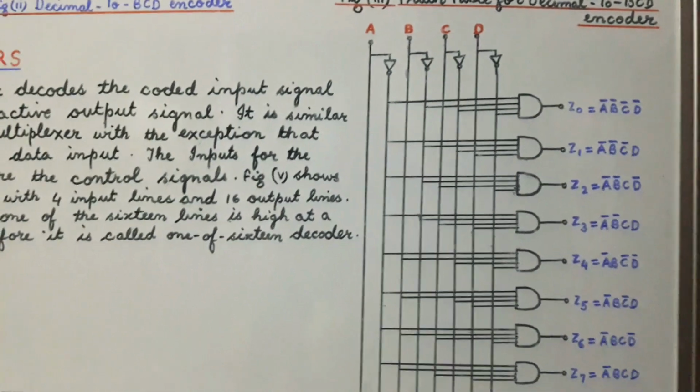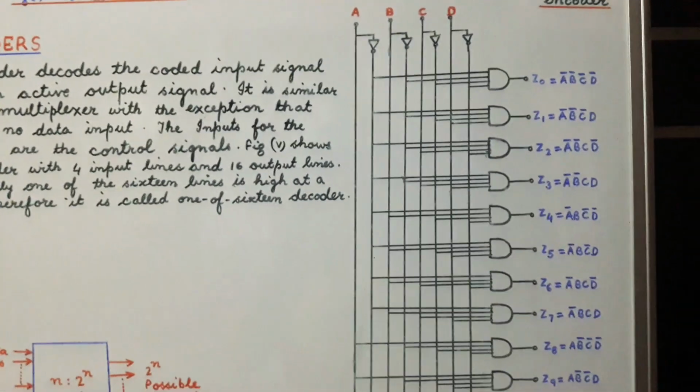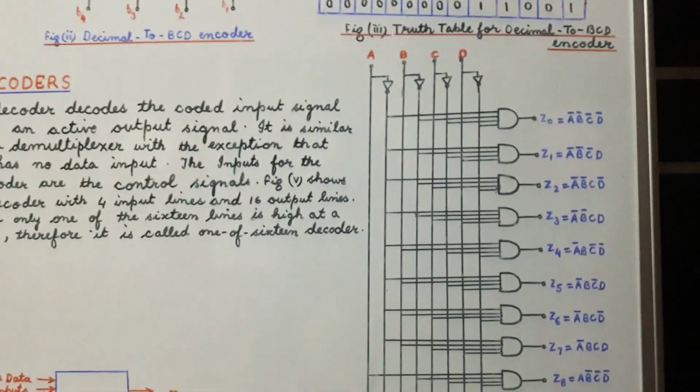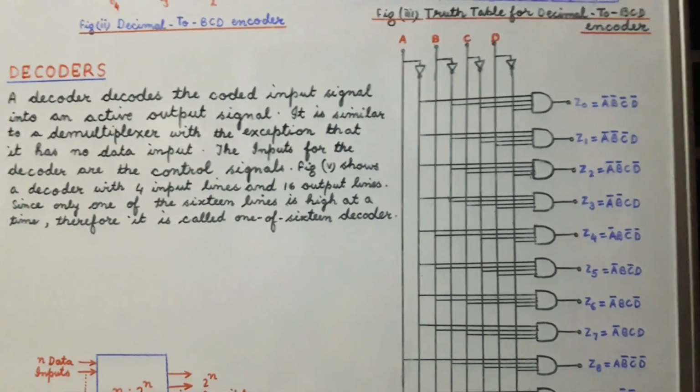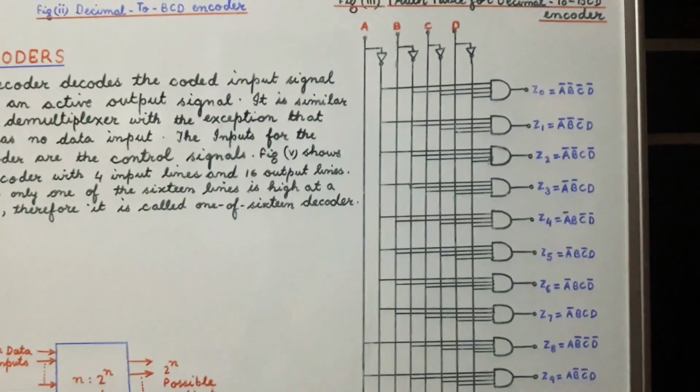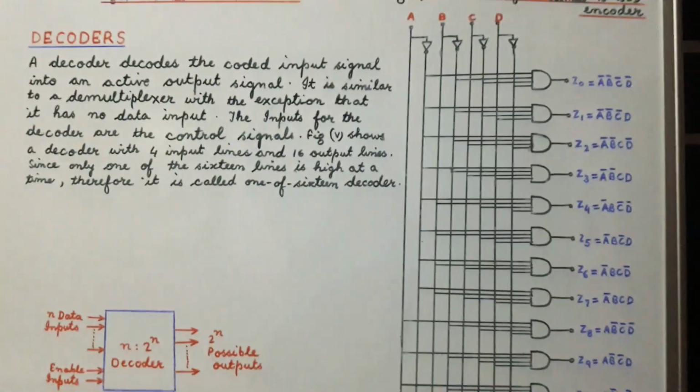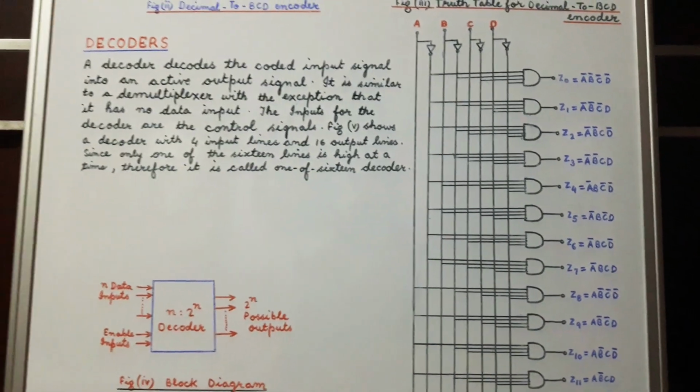This is the circuit diagram of 1 of 16 decoder.